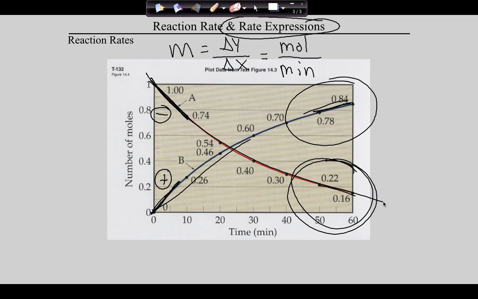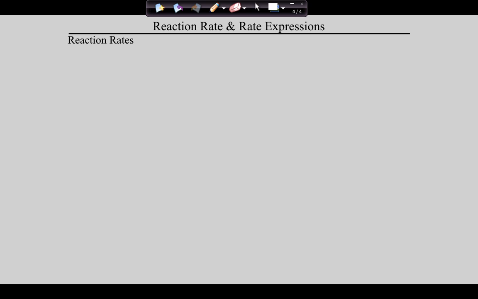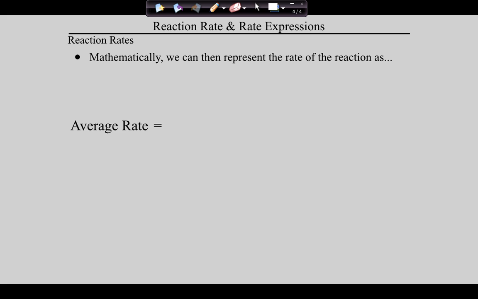So, now guys, let's talk about how we're really going to do this, and you may want to write this down. So, we just talked about this idea of measuring rates, and we talked about the idea that we're going to measure rates in moles per minute, right? We're actually not. Guys, this is how we represent rate. Write this down with me.